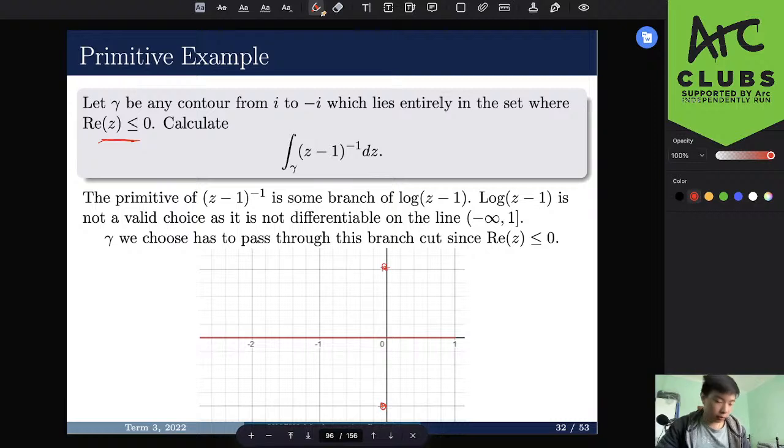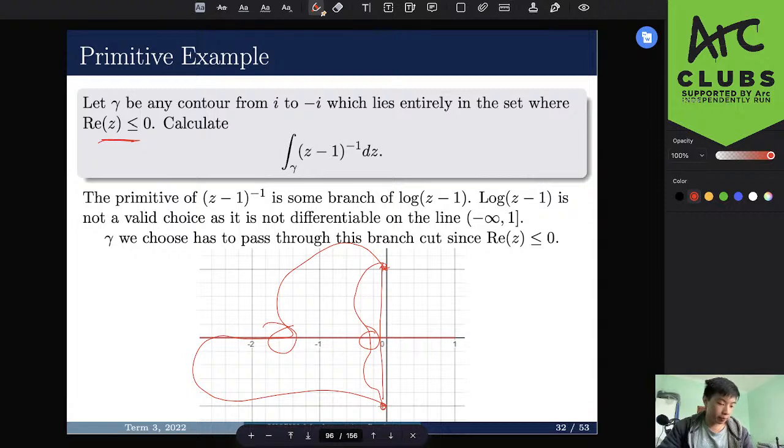And the main reason we can't do this is because obviously any contour we draw will have to at some point cross where the principal value log is not differentiable. So to fix that, we can just find another branch of log.